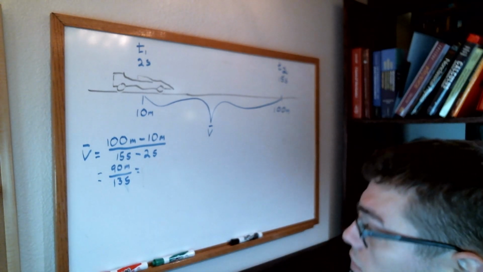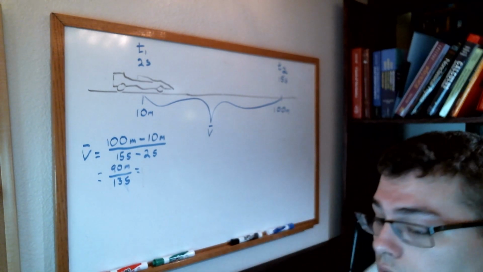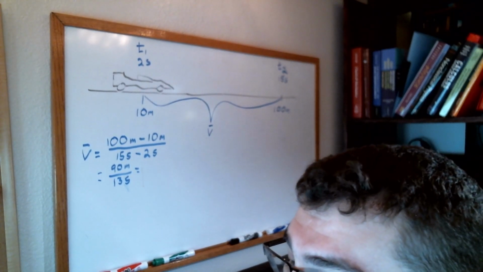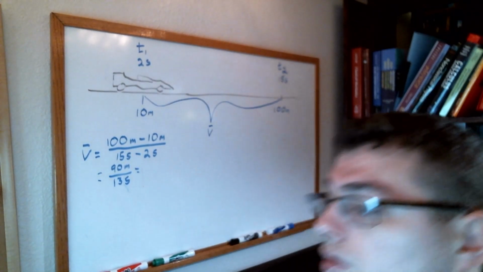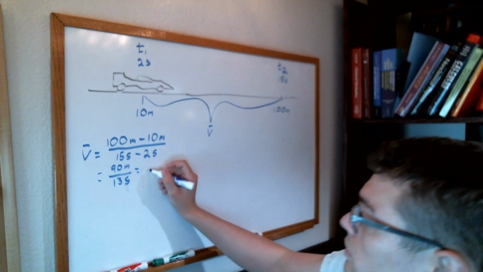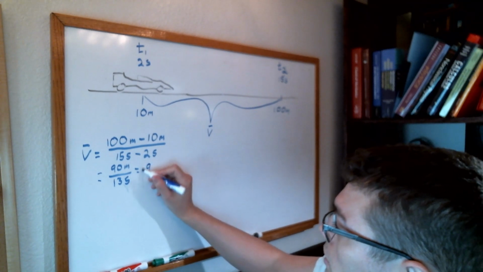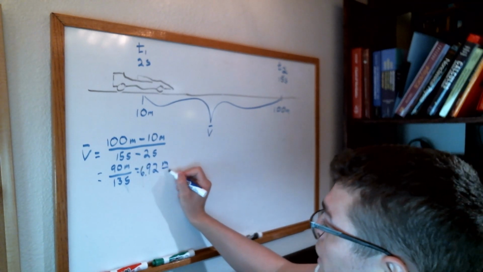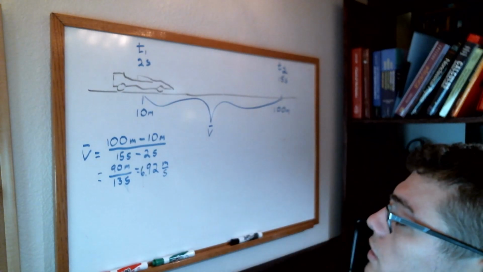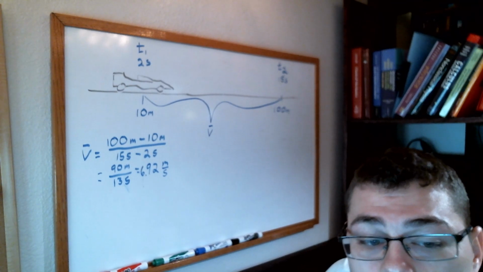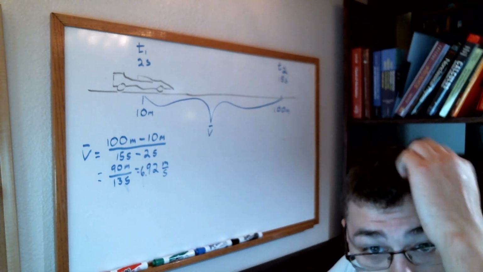And so then from there, all we have to do is plug this into our calculator, and we will get 6.92 meters per second. So that's just a really quick example on how to use that average velocity function.